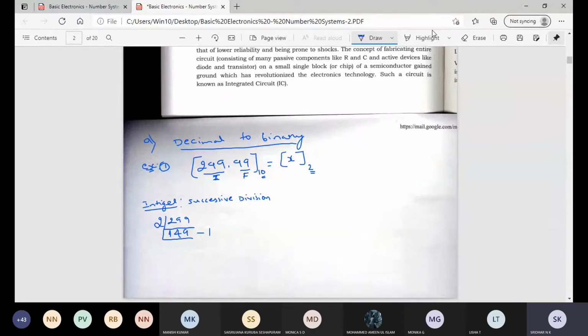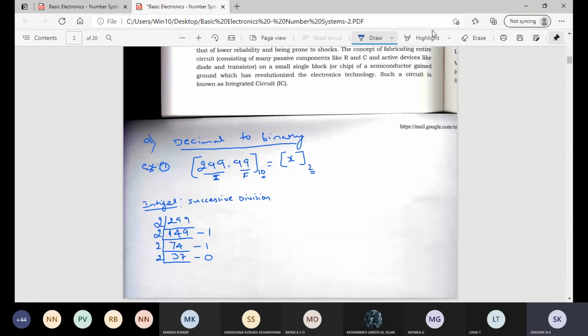So again divide by 2. So what will be the answer? 149 divided by 2 is 74, correct? 74, and the remainder is 1. Okay. Next, again division is possible. Again 2, 74 divided by 2, so it will be 37 times, correct? 37 times, and the remainder is 0. Again divide by 2.